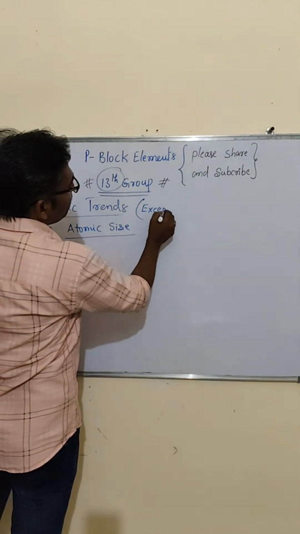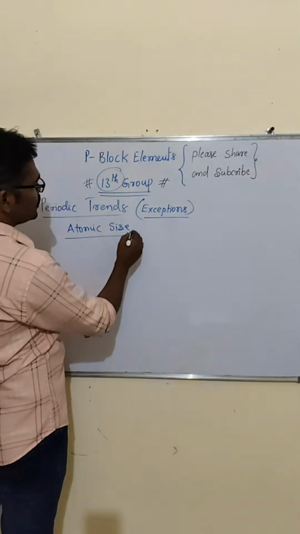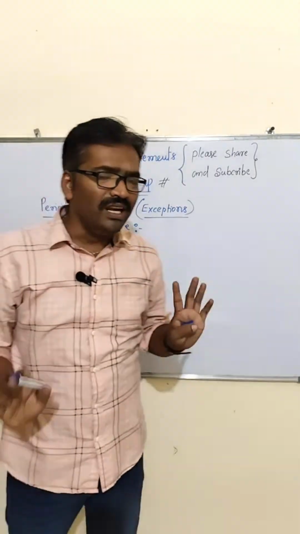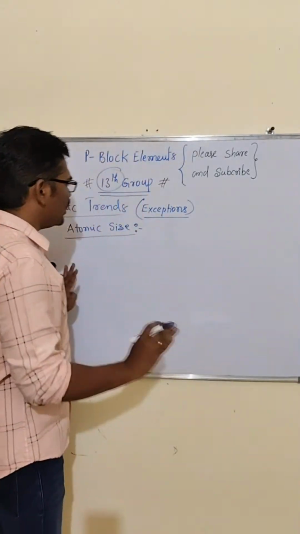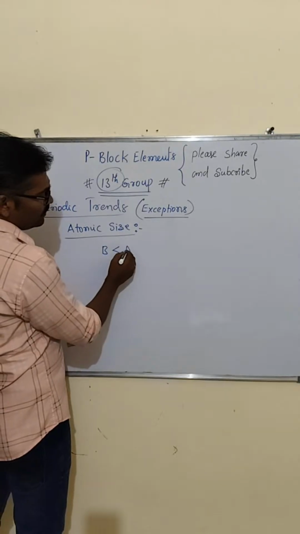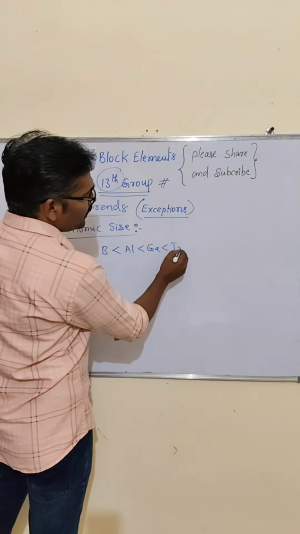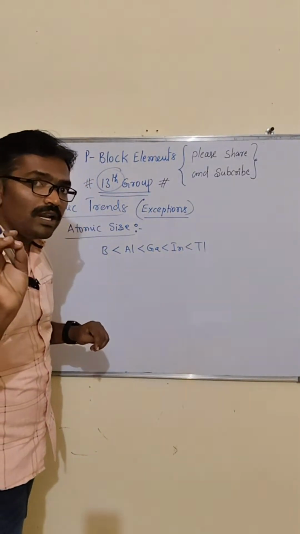We are discussing exceptions in periodic trends. First we are discussing the atomic size, my dear. Generally, from top to bottom it increases. So what are we expecting? Boron, then aluminum, then gallium, then indium, then thallium, right? But actually what happens?